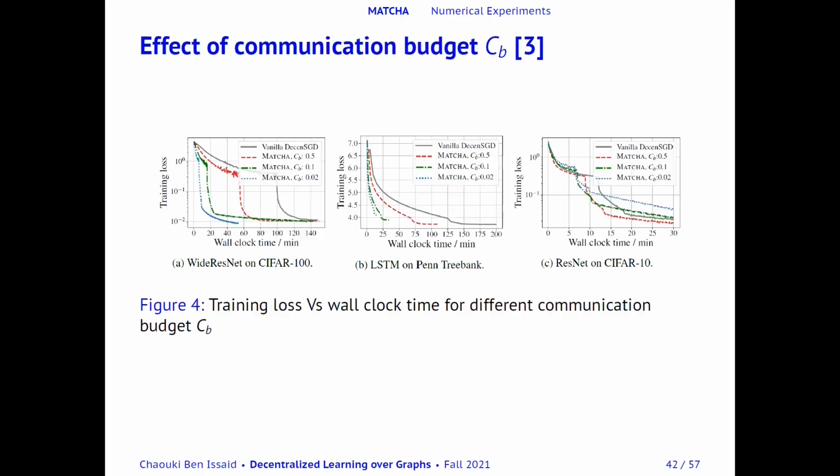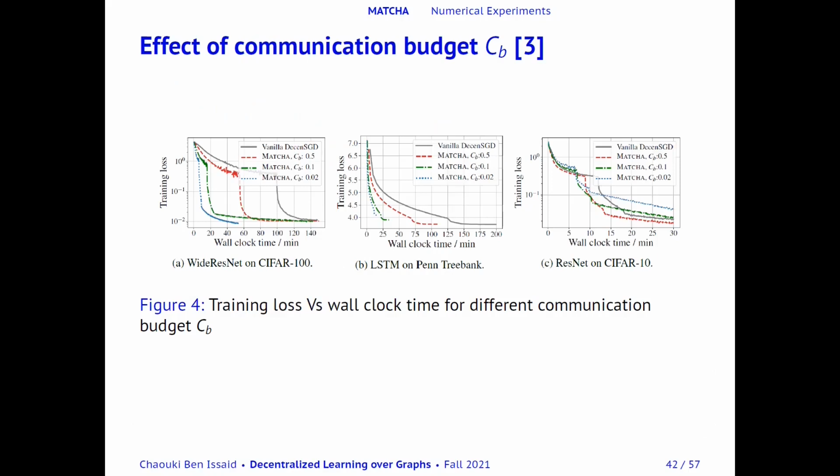In figure 4, we evaluate the performance of Matcha with varying communication budgets, CB equal 2%, CB equal 10%, and CB equal 15%, compared to vanilla decentralized SGD.